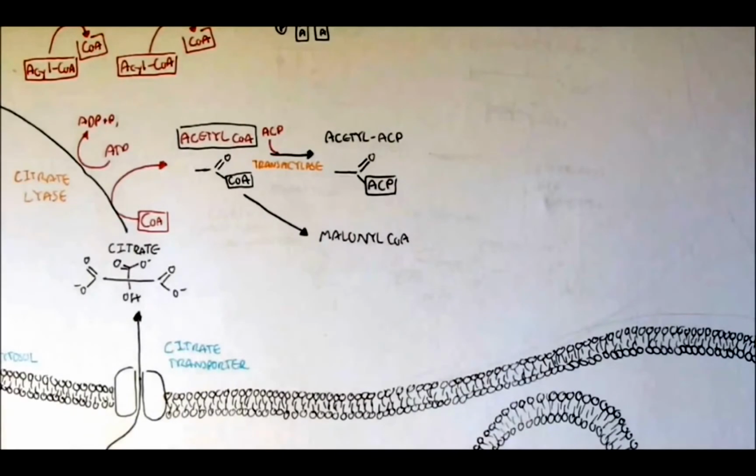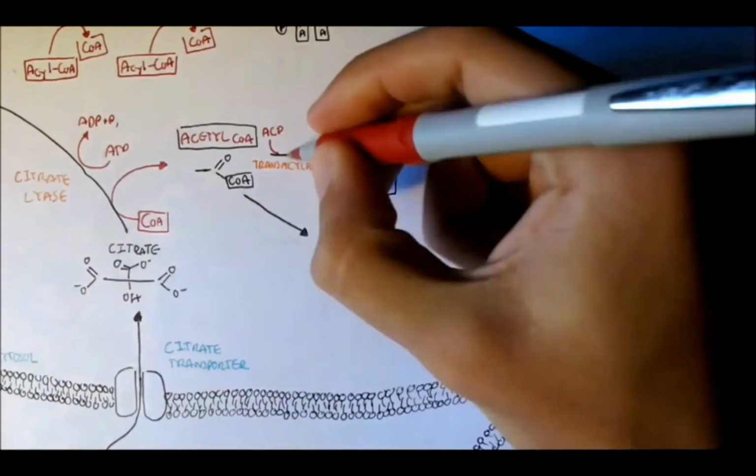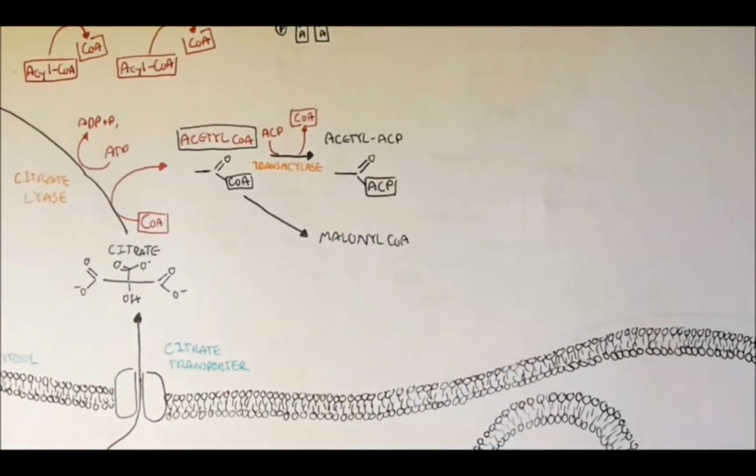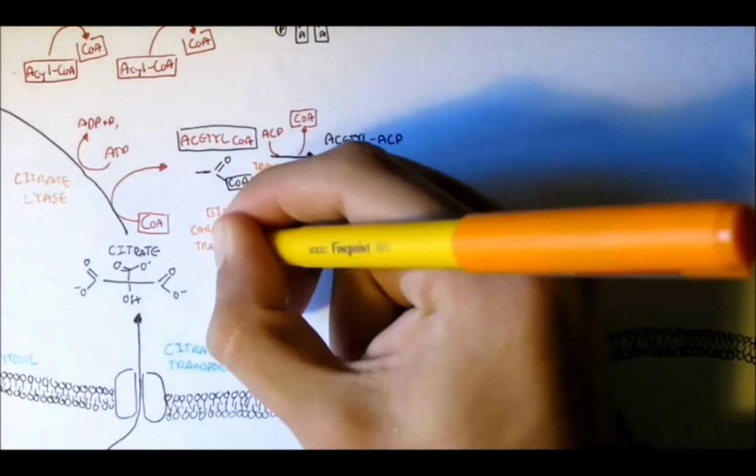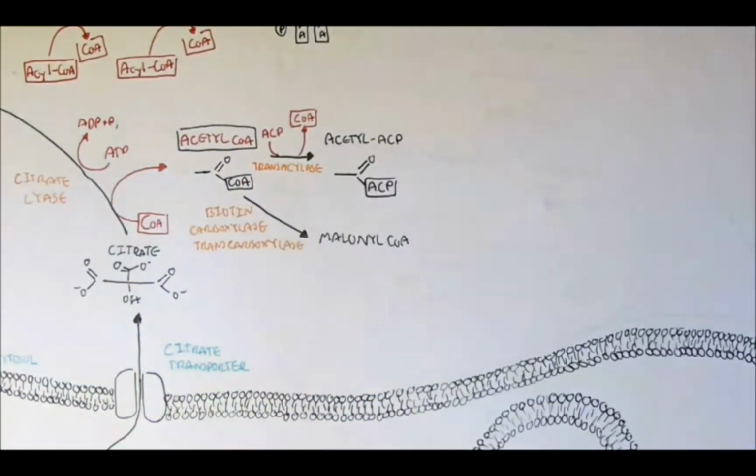Acetyl-CoA can also convert to malonyl-CoA by a two-step process by this crazy-looking enzyme, and it's biotin carboxylase and transcarboxylase. So it's a pretty big enzyme, this one.